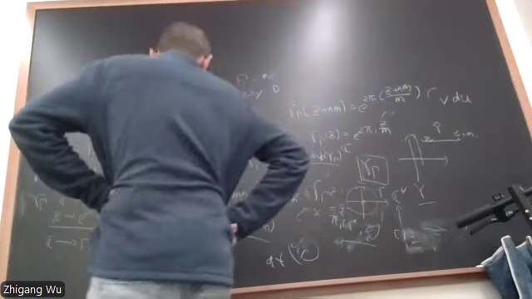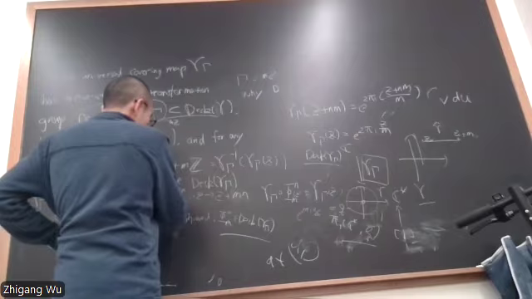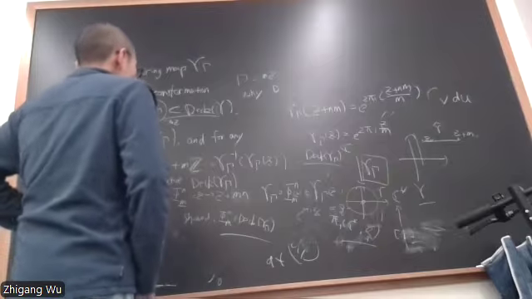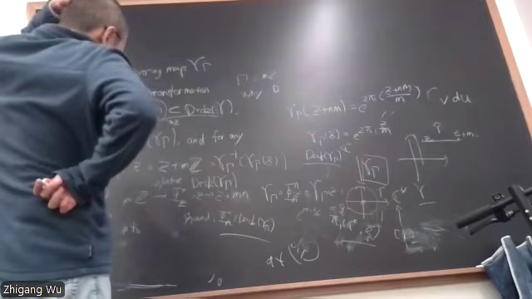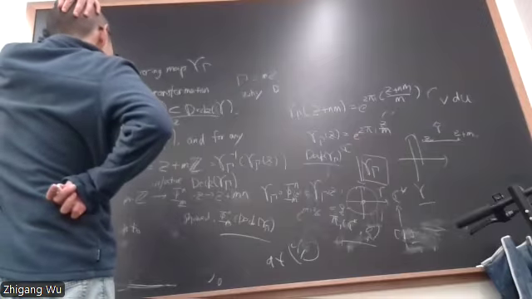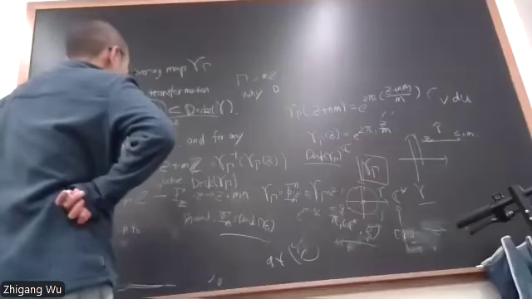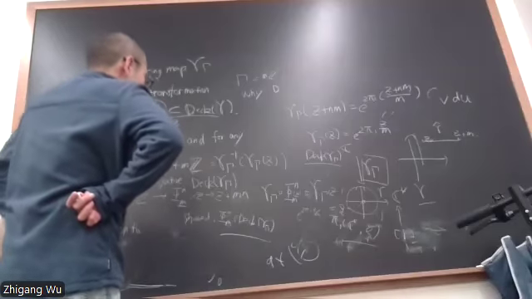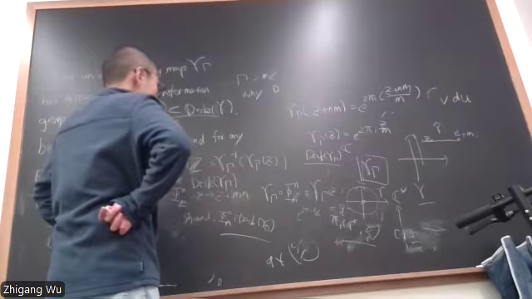Because for any element of the deck transformation group, it can be uniquely identified by this.